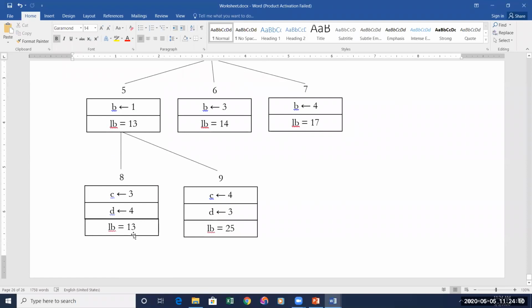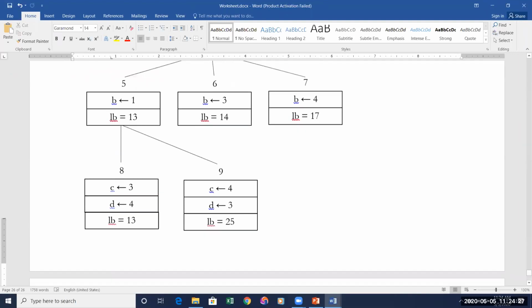If you choose this as a promising solution, can you move further? Is there anything left? No, because all 4 persons are allotted all 4 jobs, and the value you have got is 13. So now you can directly write the result here. What is the result?